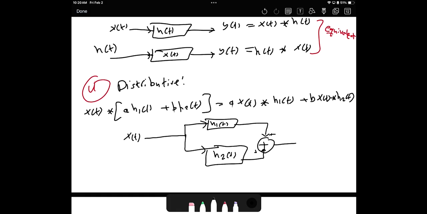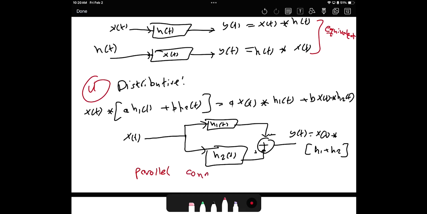So we add them together to get y of t, which is x of t convolved with h1 plus h2. And if you want to multiply by a constant a or b, you can multiply. So we see here a parallel connection, like addition here. Does it make sense?